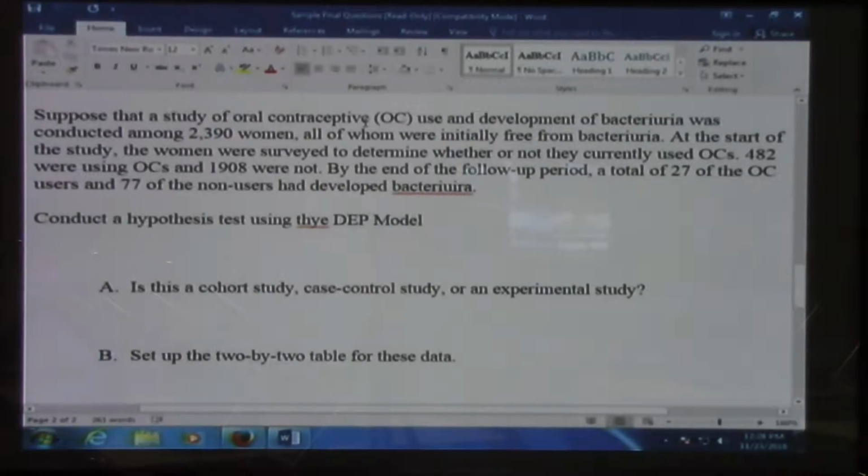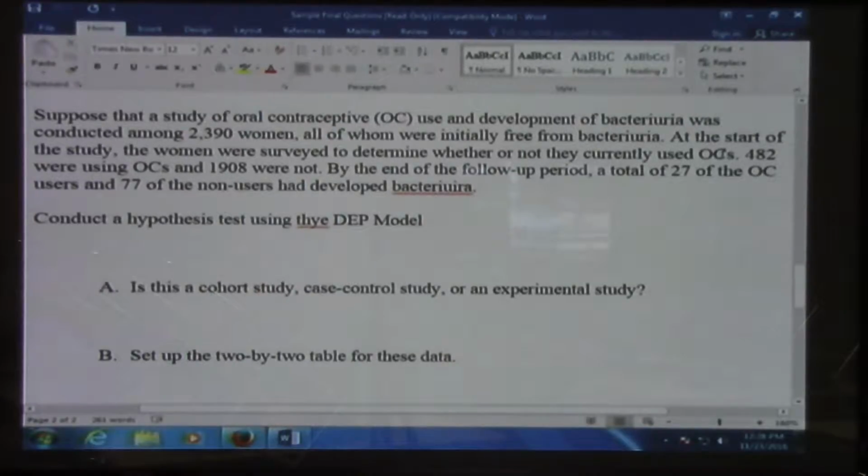Oral contraceptive use is going to be your exposure and bacteriuria will be the disease outcome. So they initially do not have bacteriuria, so it's clearly not case control. They're not talking about assigning women randomly to get oral contraceptives, so it's not experimental.